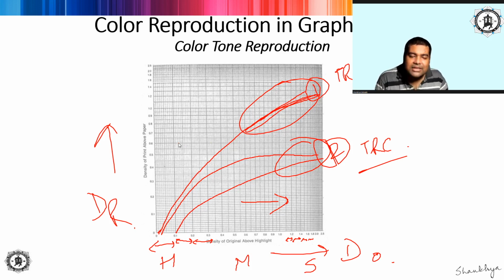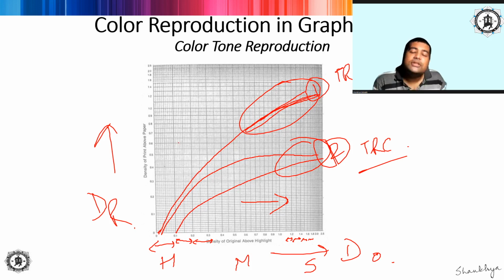Overall density will increase throughout the image. For the best possible reproduction, the ideal situation is a 45-degree line. Now, the misplacing of the highlight would move the entire curve up, making each density of the original appear darker than the reproduction. You have to be very, very careful about this.